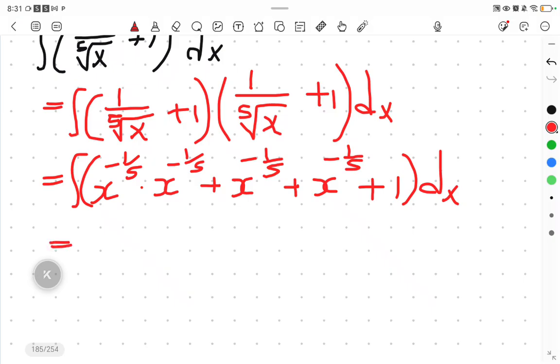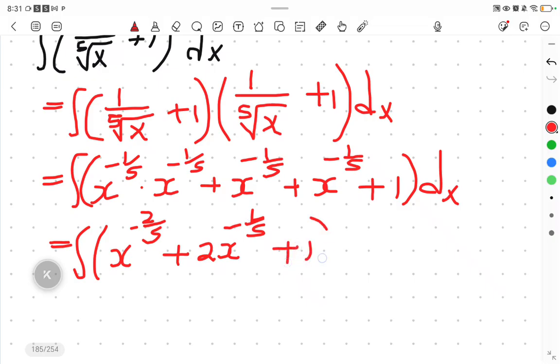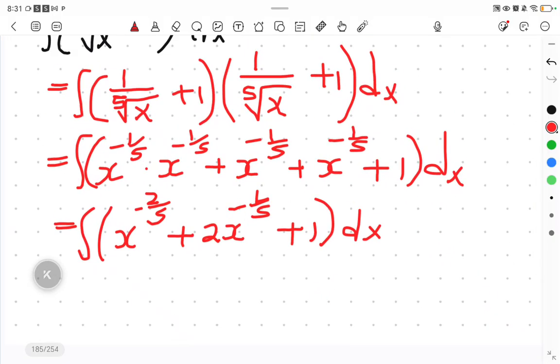Then this would be, because this is the same thing as x to the minus 1 over 5. You see, right? And then this would be the integral. If I keep the base and add the exponents, then that will be minus 2 over 5 plus 2x to the minus 1 over 5 plus 1 dx. Now I can distribute this.